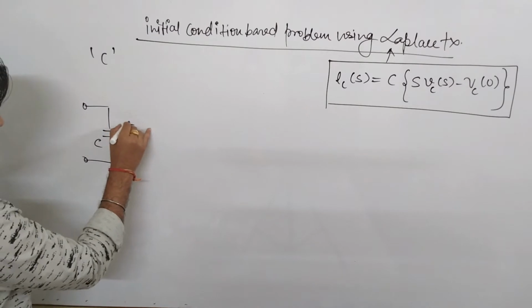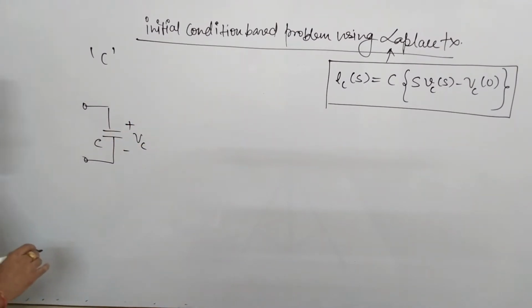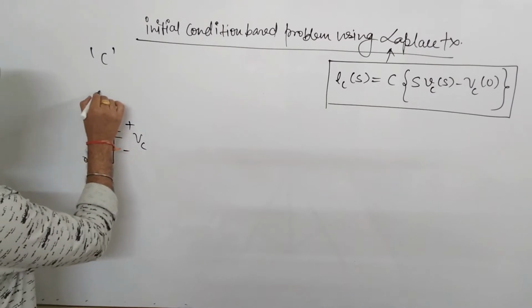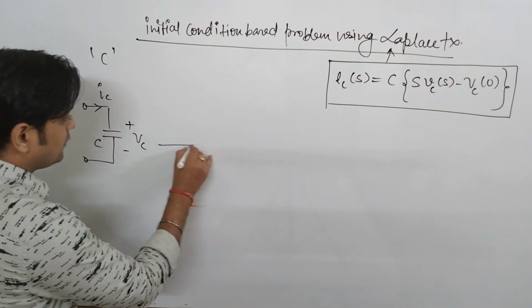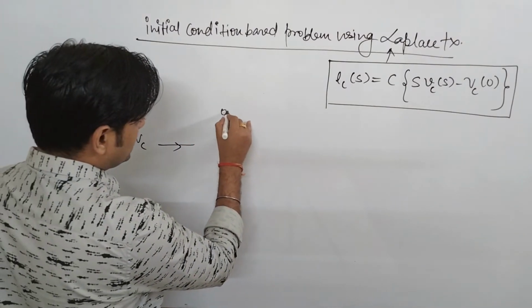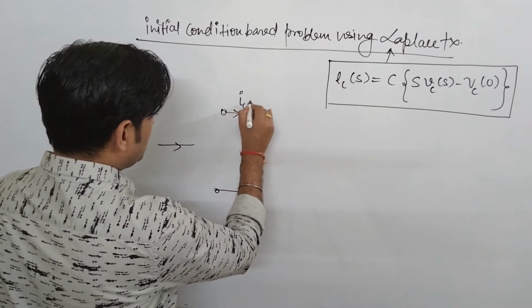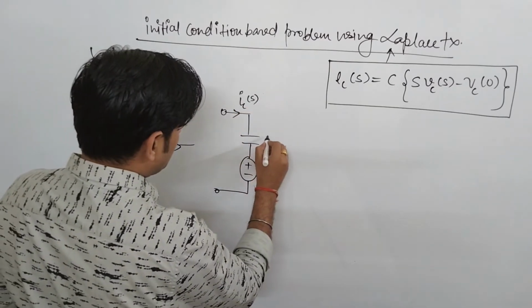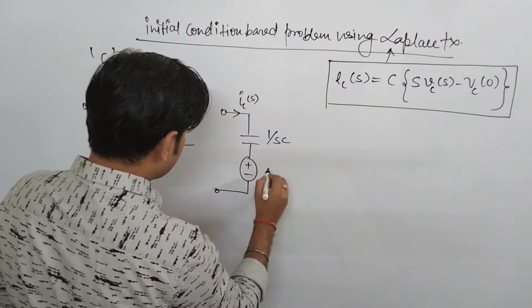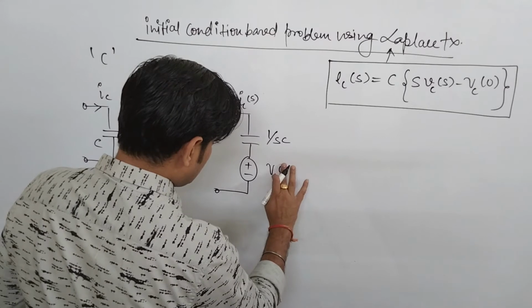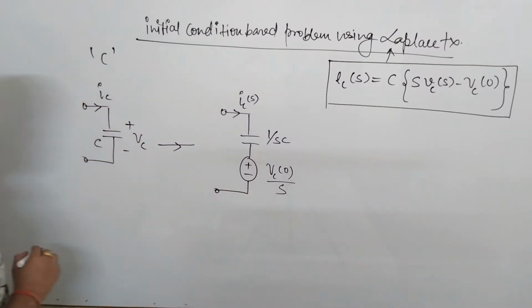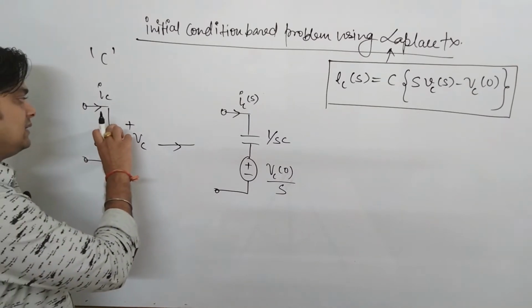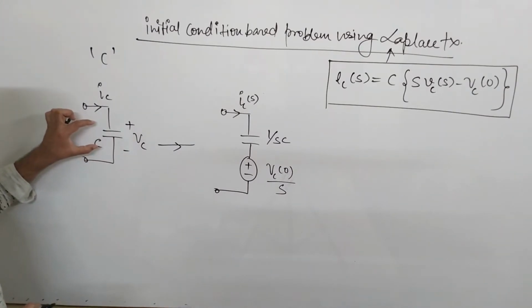Capacitor having value C and having voltage Vc and current IC. So in Laplace domain, this capacitor is represented in this form. This is your now ICS. This is 1 by SC as I mentioned earlier, and this is Vc 0 upon S. Here this Vc represents the voltage across the capacitor.